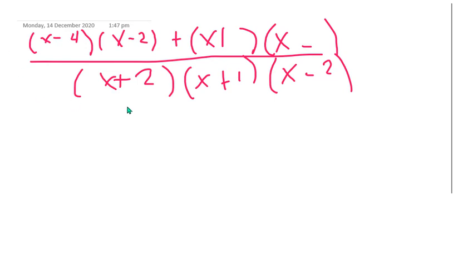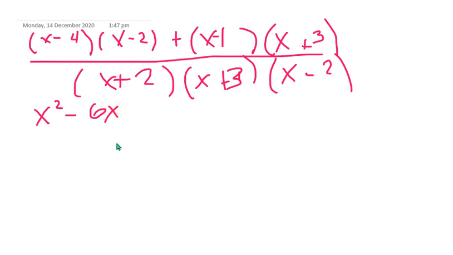Okay. So, we have now x minus 4, x minus 1, then x plus 3. In the denominator, x plus 2, x minus 2, then x plus 3. Okay? So, therefore, multiply x squared, then add negative 4 plus negative 2 is negative 6x.